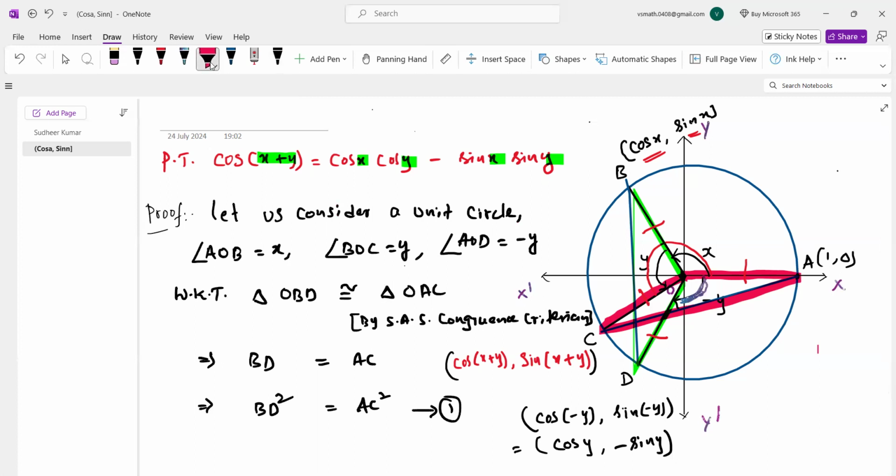As we know, BD means the distance between B and D, and AC is the distance between A and C. When two points' coordinates are given, the distance between them formula is square root of (x2 minus x1) whole square plus (y2 minus y1) whole square. So let's use this formula.